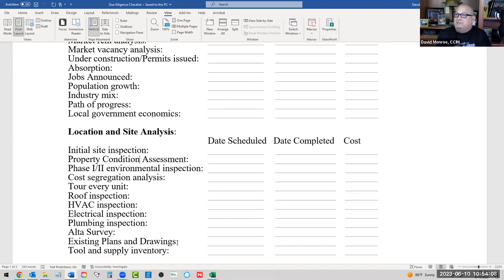Tool and supply inventory. On smaller properties, you may not have tool and supply inventory. On larger properties, you will. You'll find power washers, lawnmowers, weed eaters, pool equipment, all kinds of supplies, materials, tools that will sell with the property.